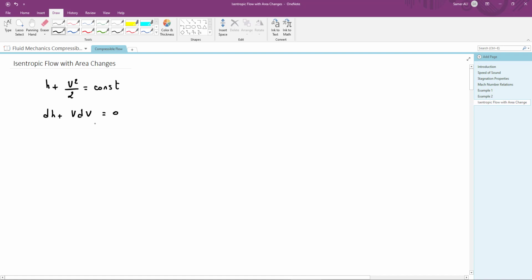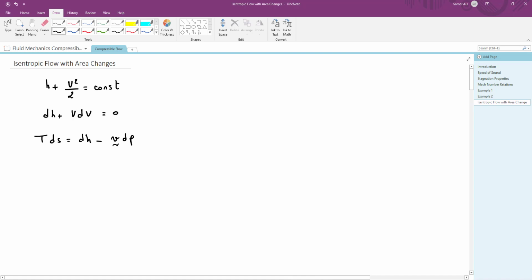Now I will go a little bit to thermodynamics and use an important equation from thermodynamics called the TdS equation. In fact, we'll have this relationship between the differential change in the entropy and the differential change in the enthalpy. So we'll have TdS is equal to dH minus vdP.